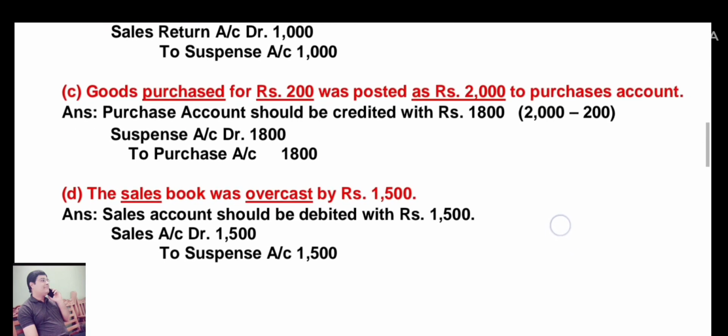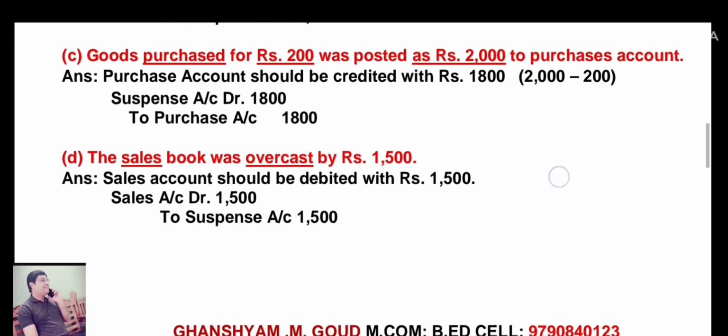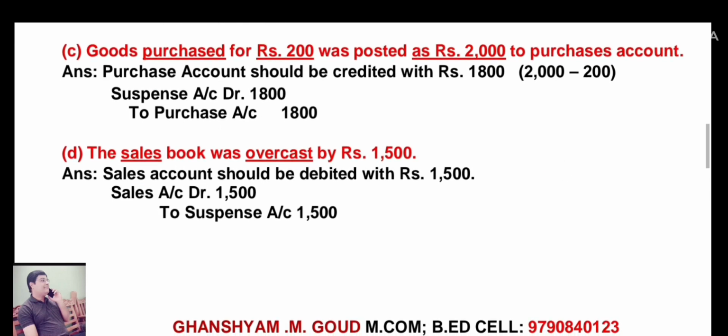Next question. Goods purchased for rupees 200 was posted as rupees 2000 to purchase account. How much do we have to write? Only 200 rupees. But what did we wrongly post? 2000 rupees. So it is an excess. Excess means we have to write the opposite entry.